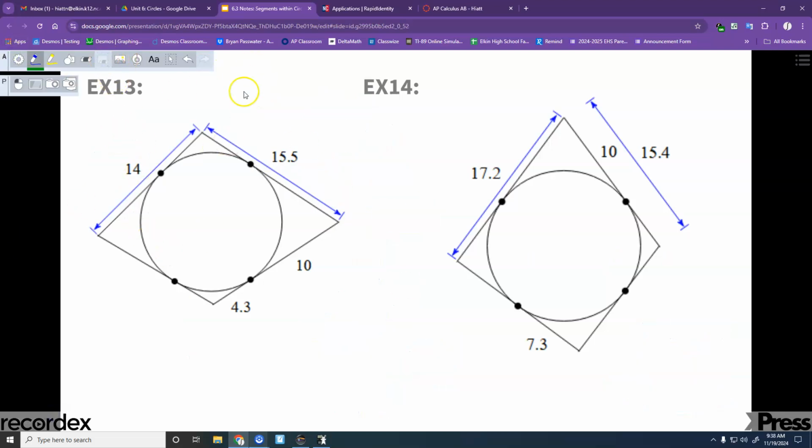All right, this is our last piece that we are going to do, and I didn't put the directions on this. I think it is looking for the perimeter.